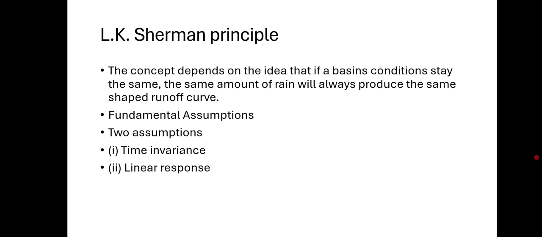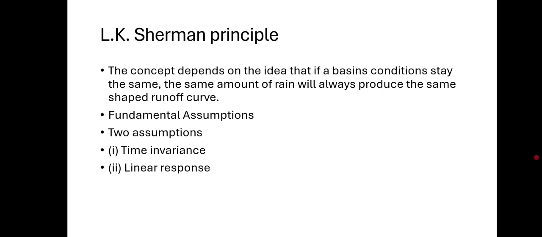There are two assumptions. First one is time invariance, then linear response. Time invariance: the physical characteristics of the drainage basin, shape, slope, soil type, are assumed to be constant. A 1 centimeter storm today will produce the same hydrograph as a 1 centimeter storm next month.